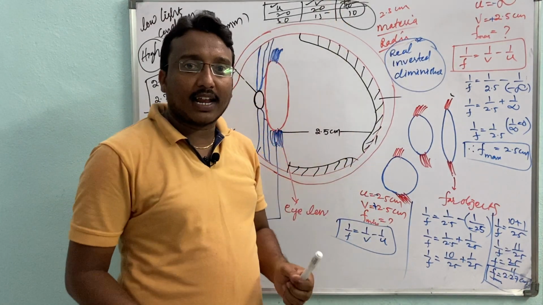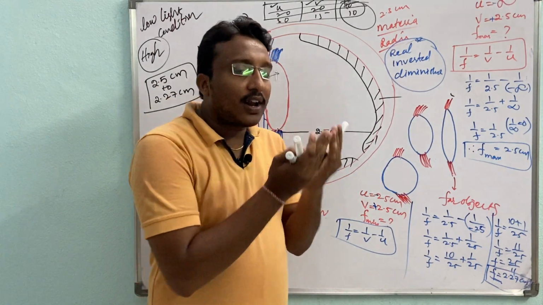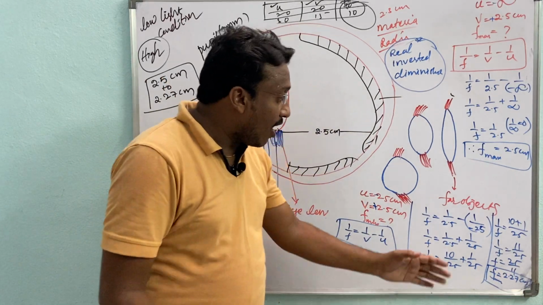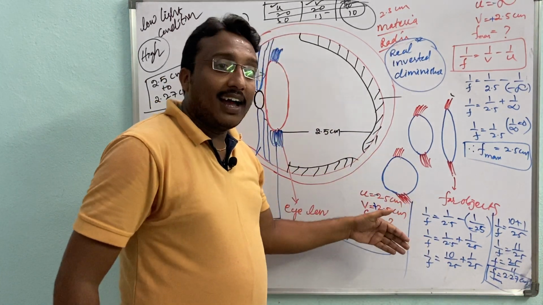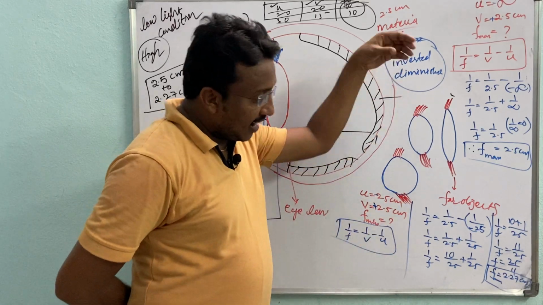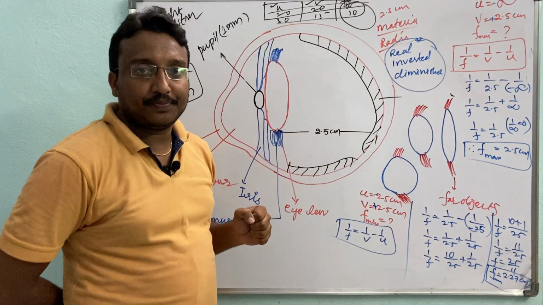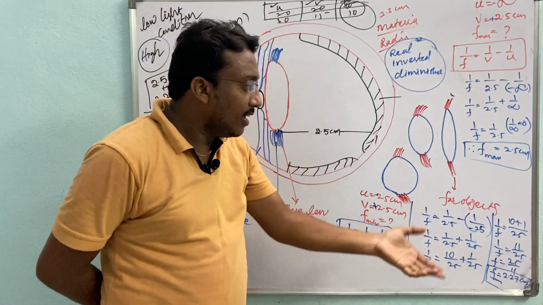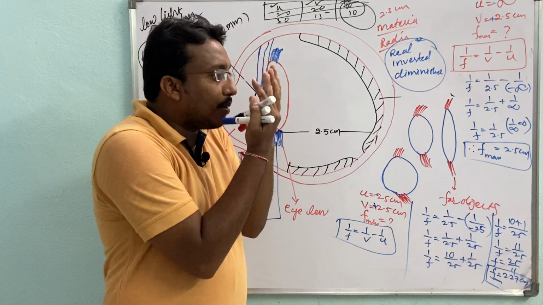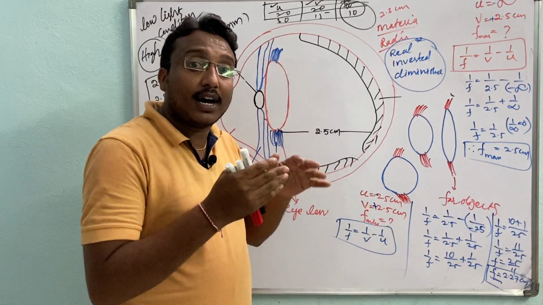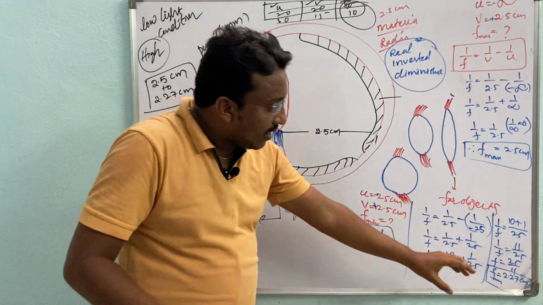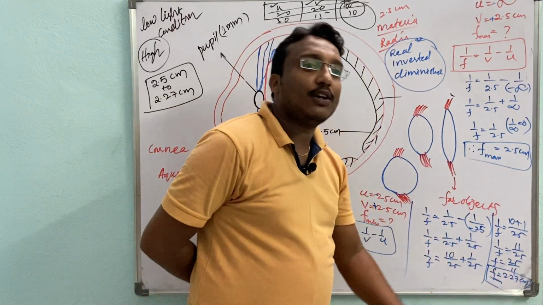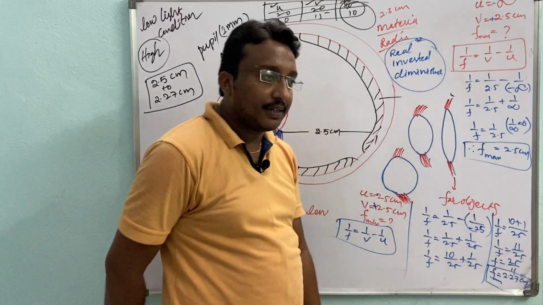We discussed in our first class that when we keep the book close to our eye, the letters printed in the textbook appear blurred, because our eye lens cannot adjust the focal length to less than 2.27 centimeters. We got the answer to what we discussed in the first class. Why do the letters appear blurred? Because the eye lens is unable to change its focal length below 2.27 centimeters.